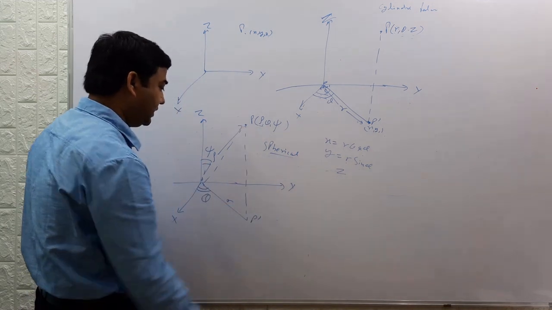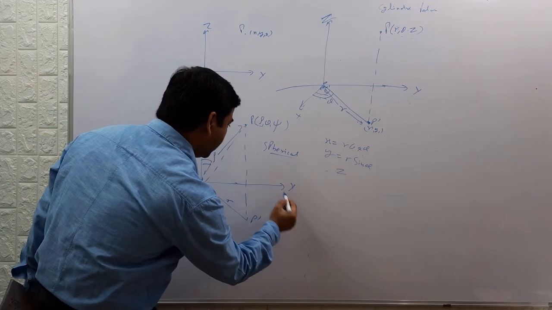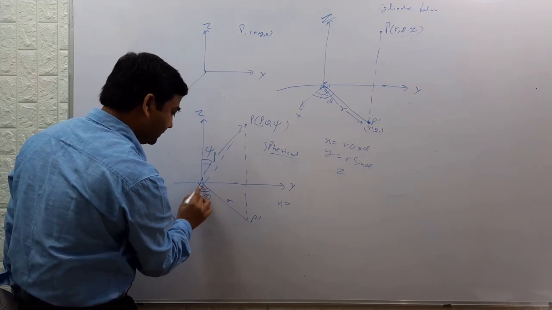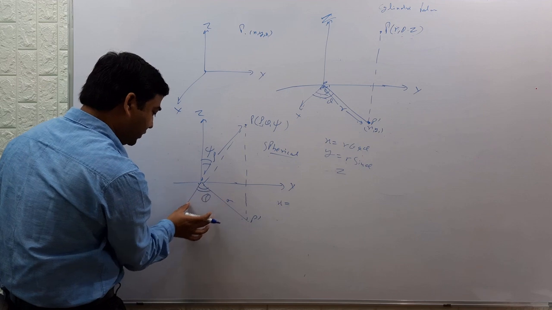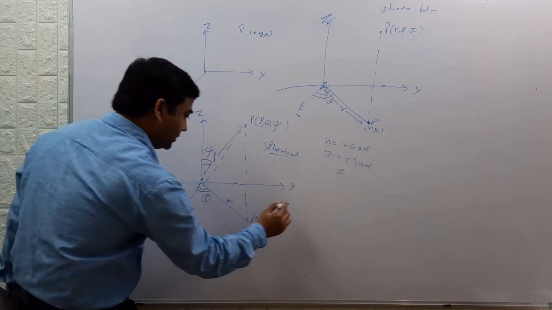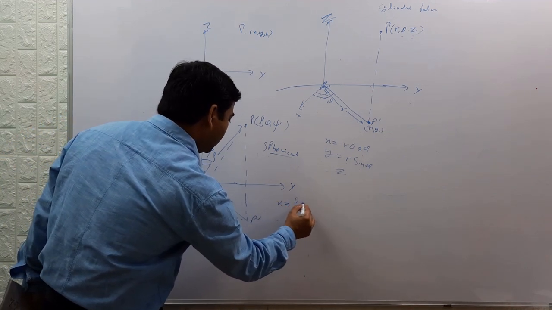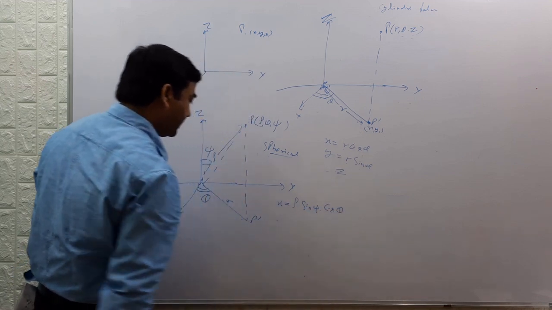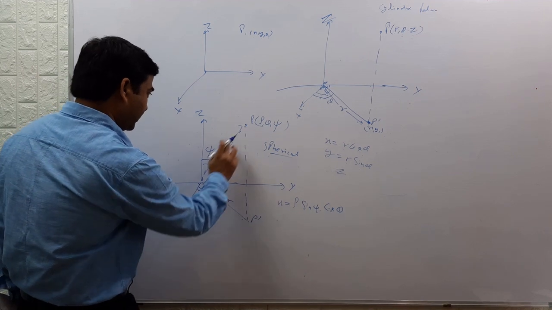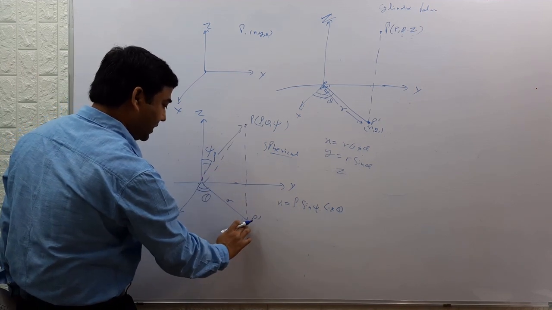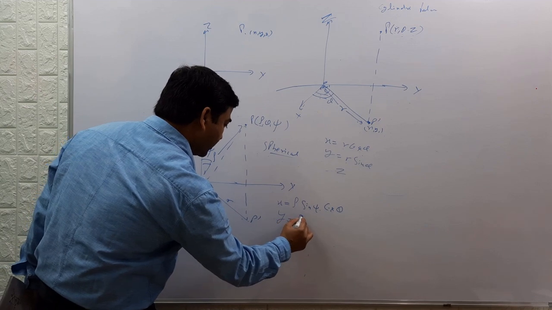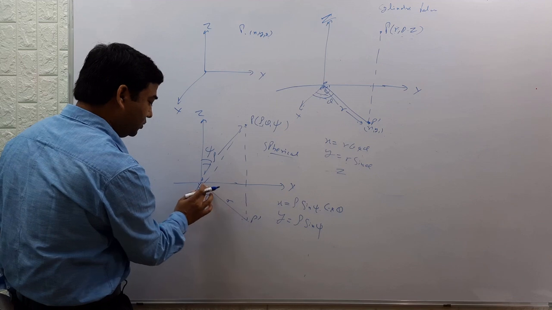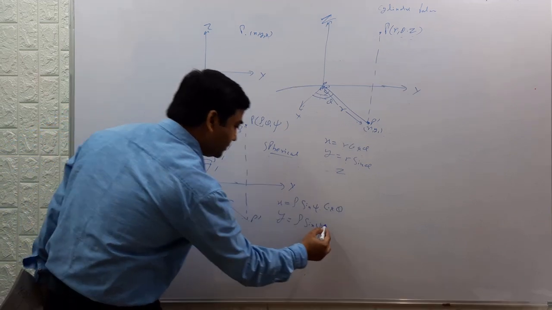In the spherical coordinate system, you can write that the projection length is rho sin phi. And x is the x component of this, times cos theta: x is equal to rho sin phi cos theta. Similarly, y is equal to rho sin phi, this is r, times sin theta in the y direction.